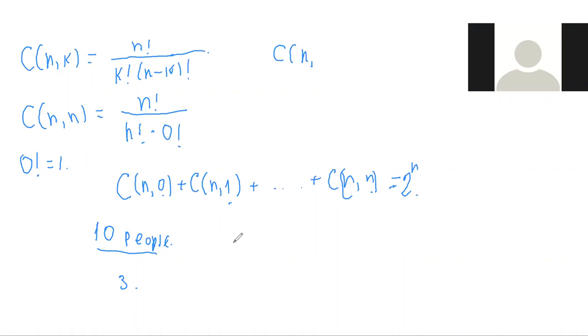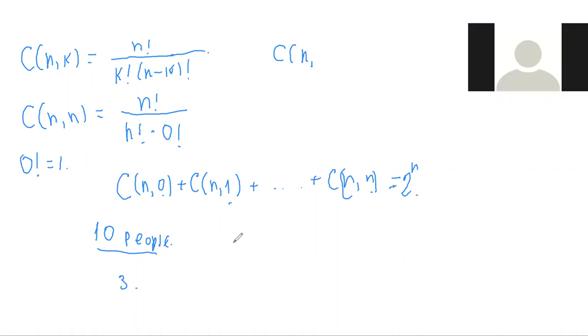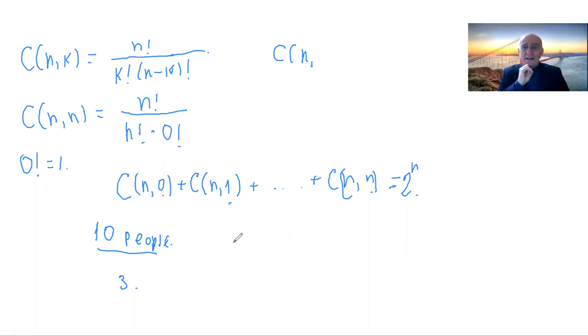We have to use the formula. In this case, it will be C(10,3), and if we calculate, it will be 120. Okay, Elena, it's almost good, and almost because I did not formulate this problem completely.